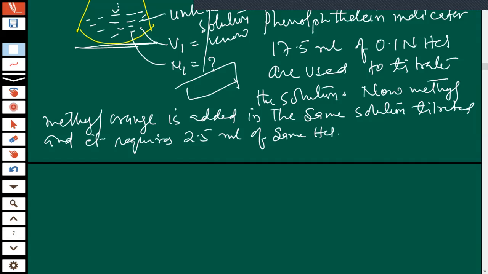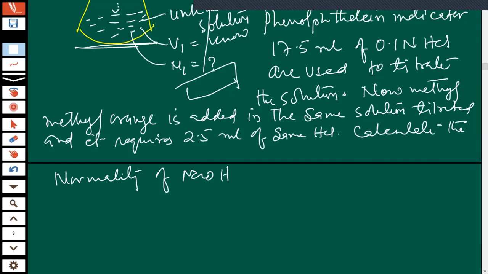Calculate the normality of NaOH and Na2CO3 and their mass present in the solution.